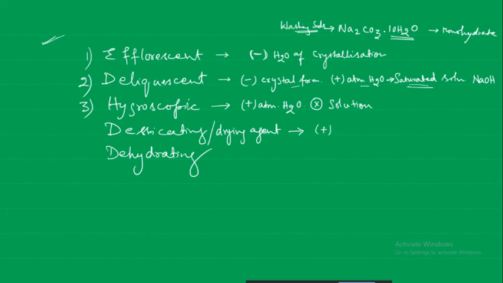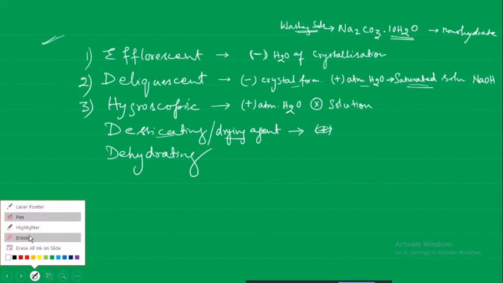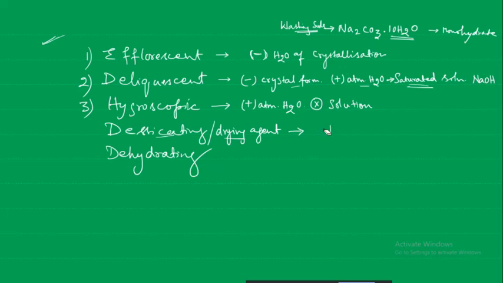But depending upon its usage, if it is used for the purpose of drying or desiccating, it is a desiccating or drying agent. But it is nothing but the hygroscopic substance itself. So whatever examples you are putting in hygroscopic, most of them will be examples of a drying agent or desiccating agent.